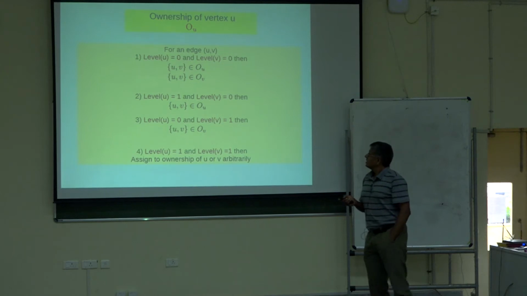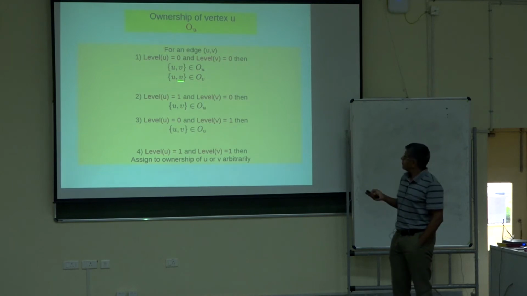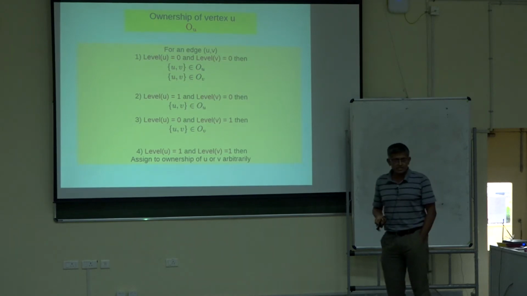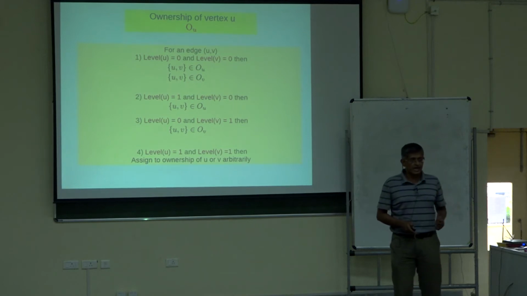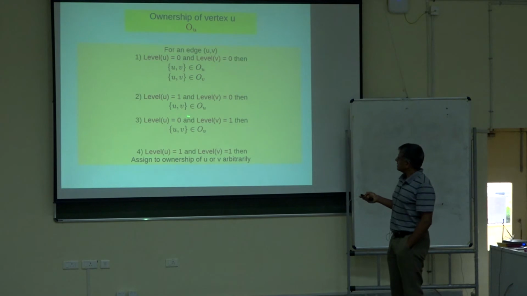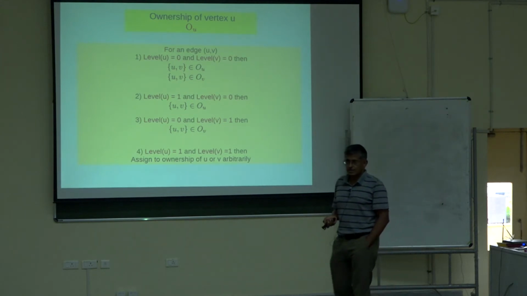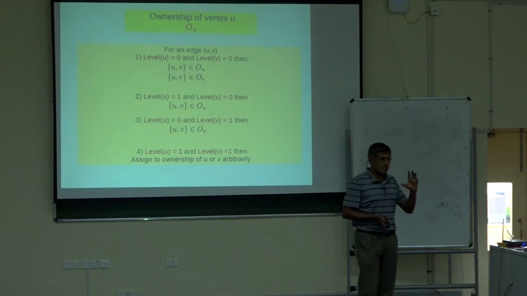Okay. So when an edge is presented to the algorithm, if both the endpoints are at level 0, then both the vertices are said to own this particular edge. On the other hand, if one of the endpoints is at a higher level, it is the vertex at the higher level that is going to own this edge. So in some sense, this is a snapshot of the algorithm.